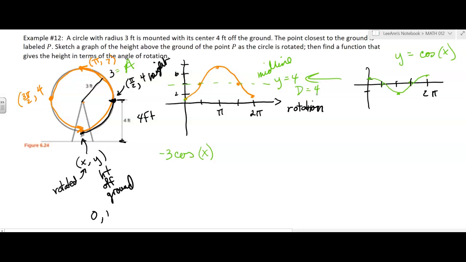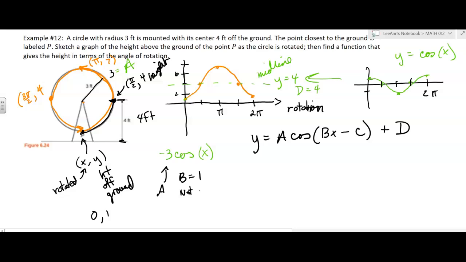So if I'm following the form, y equals a cosine of b x minus c, plus d, then I have an a. I know it's -3. It doesn't look like there's a phase shift or a period change. So b is going to be 1.